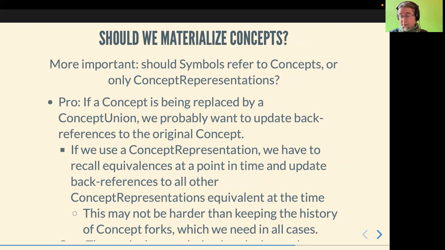And then when we need to update the concept, because it's not just the representation, it's the equivalence class we're updating, what we'll do is at that moment resolve: here was the representation I had, and here's the equivalence class at that time. It's more work, but I think it's more accurate.